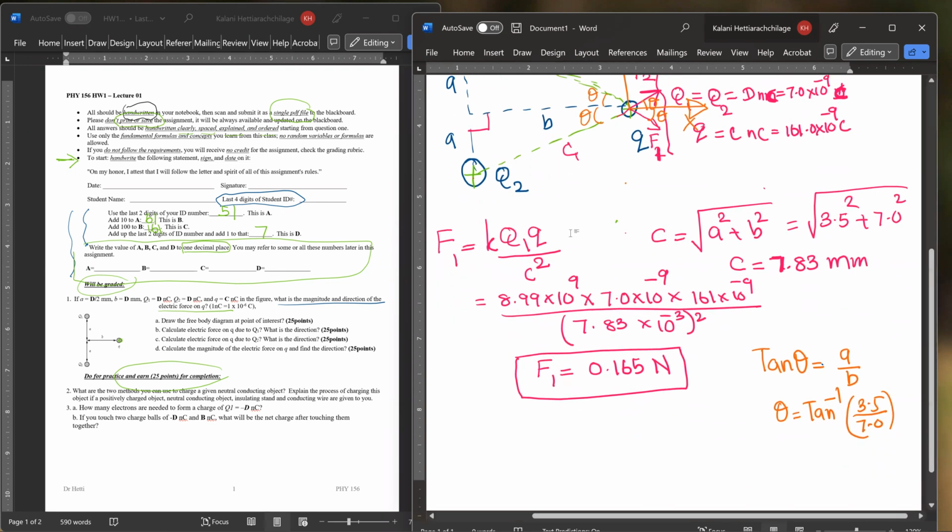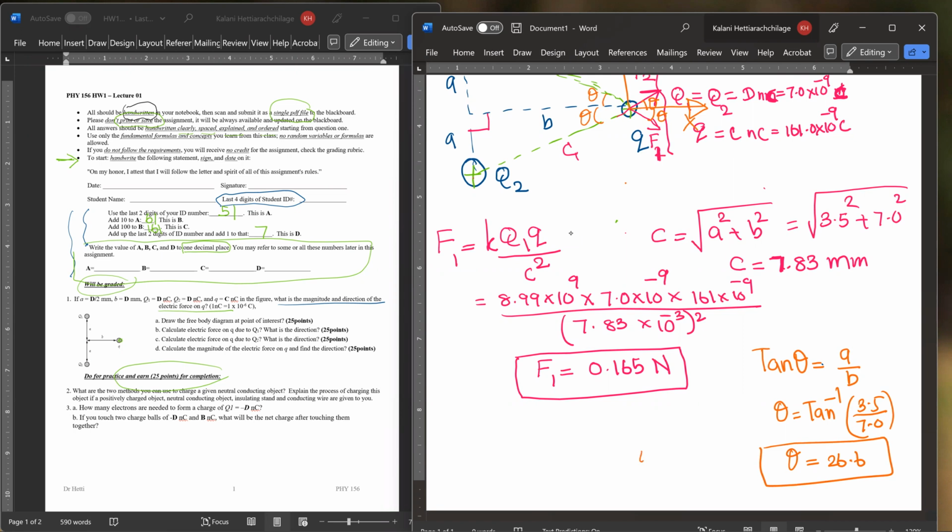And then you're going to find your angle with respect to the x-axis in this case. So this will be closer to 26.6 degrees. Okay. And write it with respect to positive x. That's what we are always giving for the angle, right? So that will be your part A.